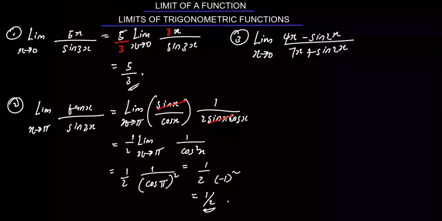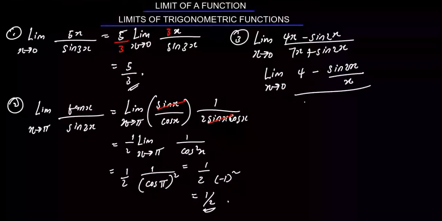Let me see the way I'm going to attack the question. Divide through by x. If I divide through by x, I'll have 4x divided by x, and that will give me 4, minus sine 2x divided by x, all over 7 plus sine 2x divided by x.